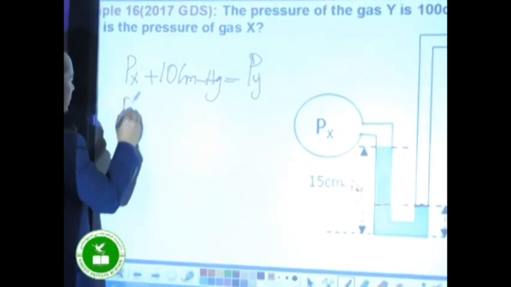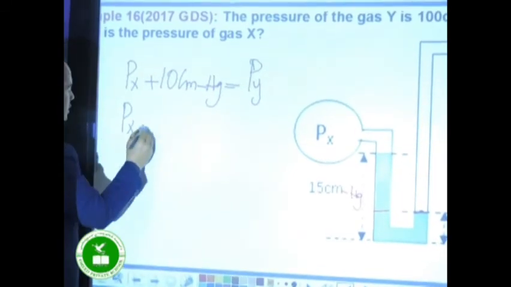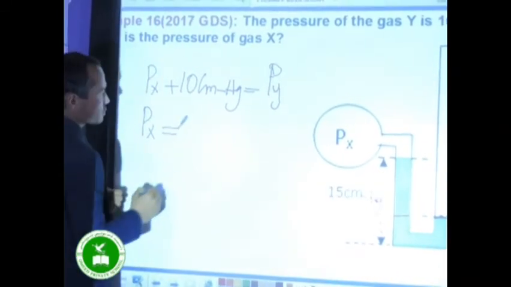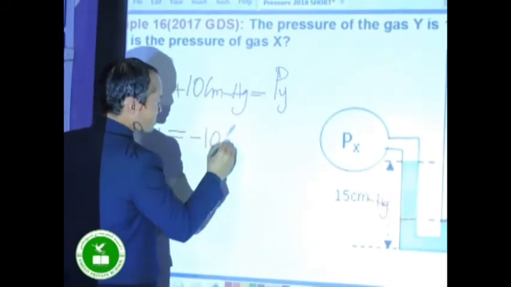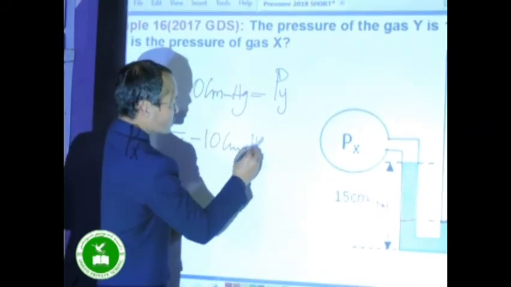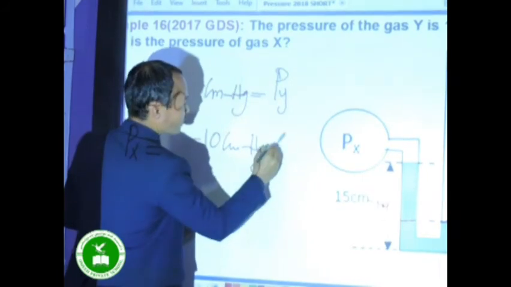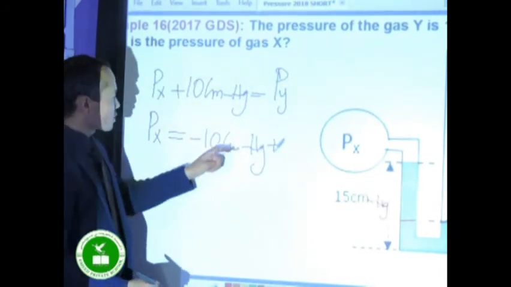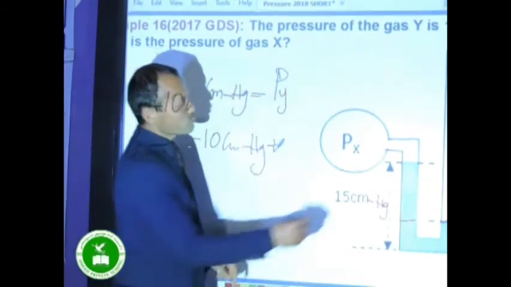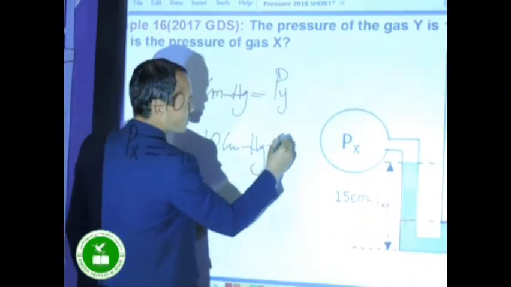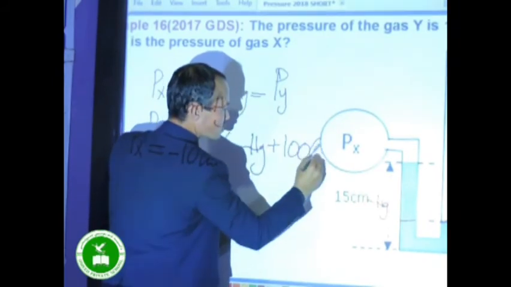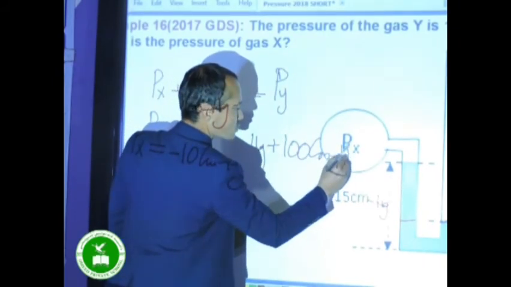So Px, which we do not know, will be equal to minus 10 centimeter Hg plus Py, which is given as 100 centimeter Hg.